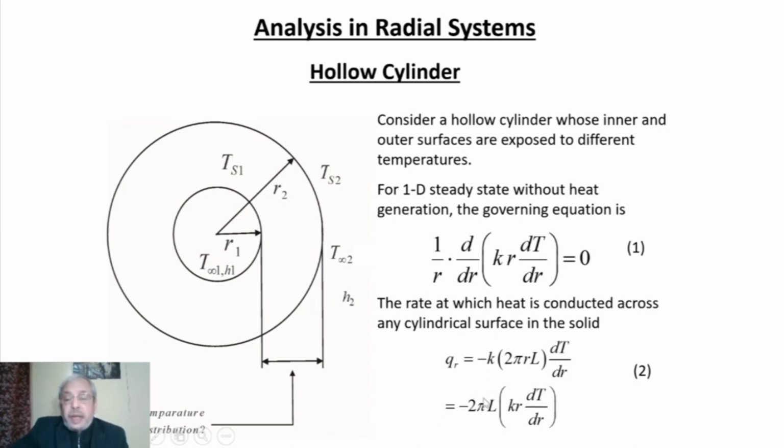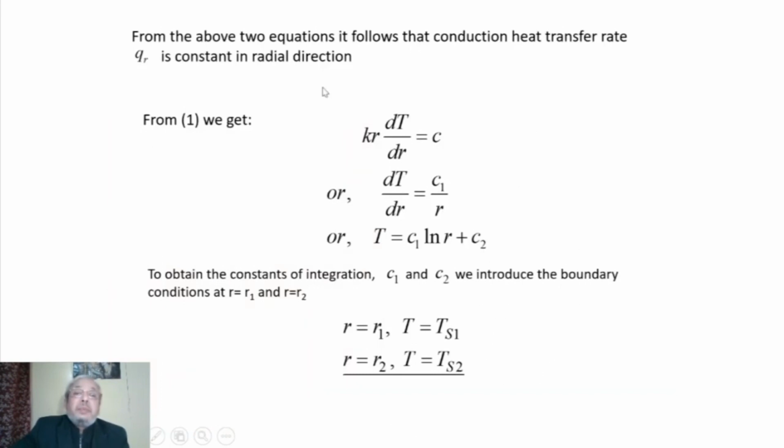So we can write minus 2 pi L into k r dT/dr. And from this equation, it is quite clear that k r dT/dr is constant. So Qr is 2 pi L into k r dT/dr, and Qr is always constant at any radius. From the above two equations, it follows that the conduction heat transfer rate Qr is constant in the radial direction.